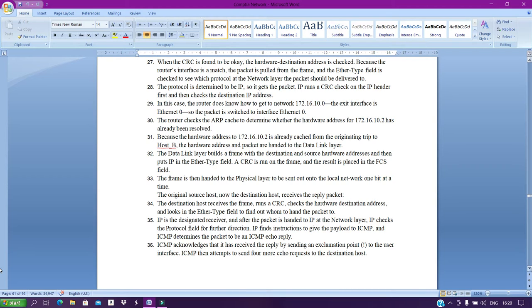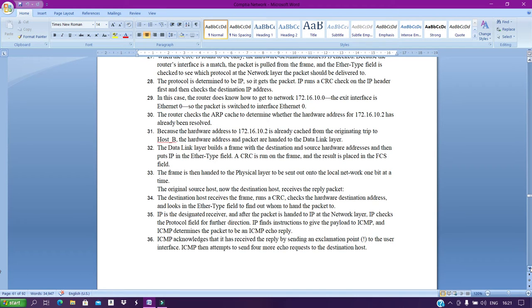IP finds instructions to give the payload to ICMP, and ICMP determines the packet to be an ICMP echo reply. ICMP acknowledges that it has received the reply by sending the exclamation point to the user interface. ICMP then attempts to send 4 more echo requests to the destination host.